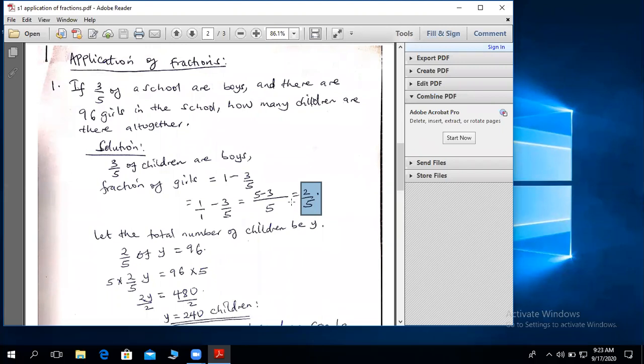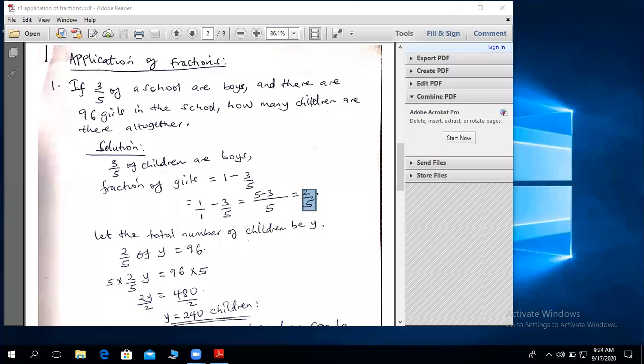Now, this person has given us the number of girls. So we have the number of girls and we have the fraction of girls. What are we interested in now? We are interested in the total population of the school. How do we get the total population? First of all, we don't know it, so we can say, let the total population be y.